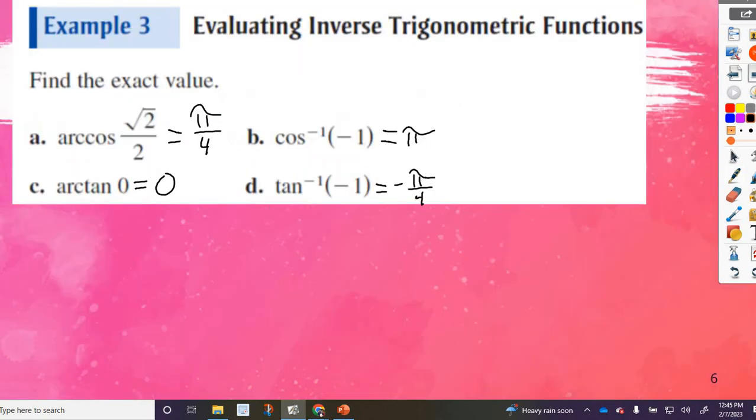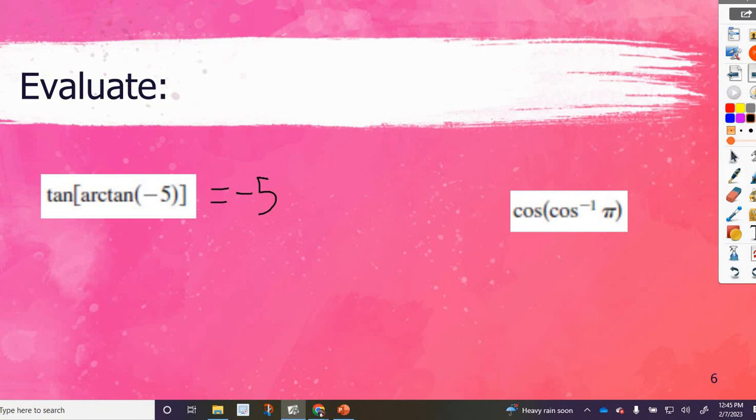No. So can I plug pi into cosine inverse? No. So this is undefined. Now, if it was the opposite, cosine inverse of cosine of pi, that would work. But it's because I'm trying to plug that number into the cosine inverse first that it doesn't work.